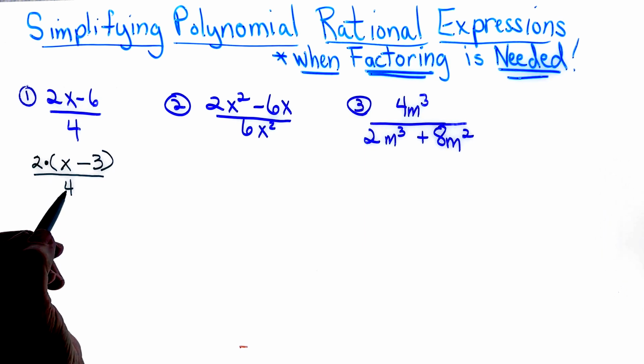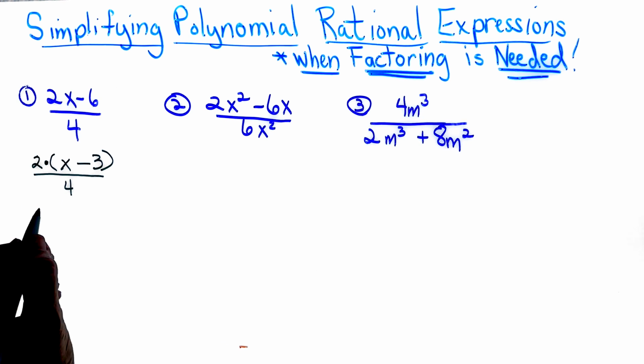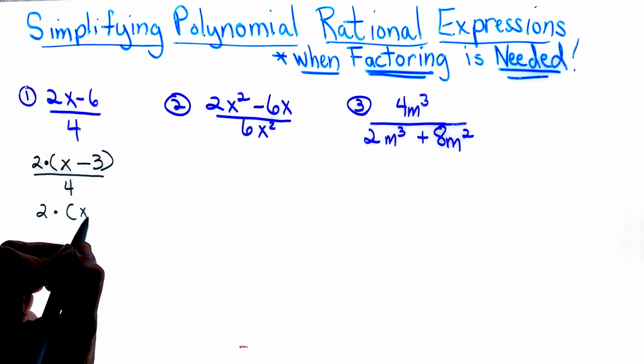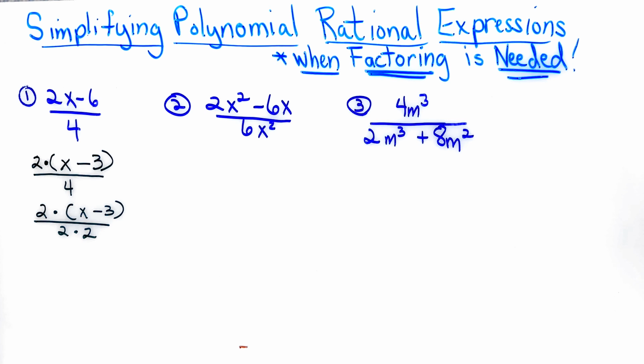And I can break up my 4 into 2 times 2 to make it really visual for you. This could be mental math, but I really want everyone to be able to see what you do. So now, as I'm working this problem, I see that I can simplify one of my 2's.